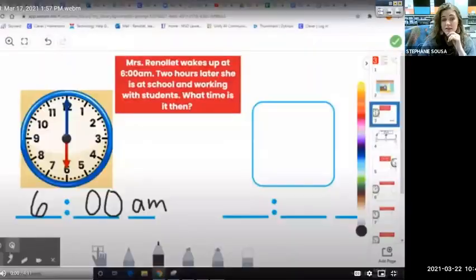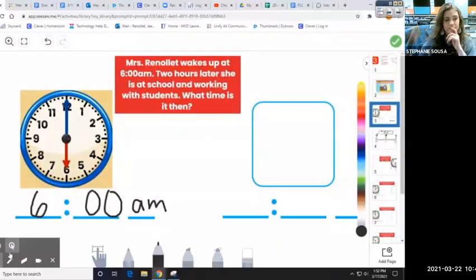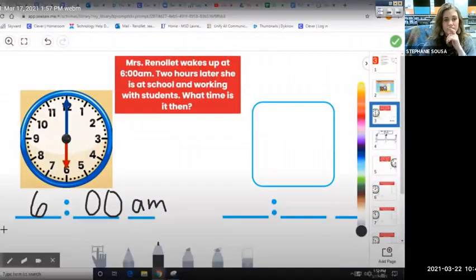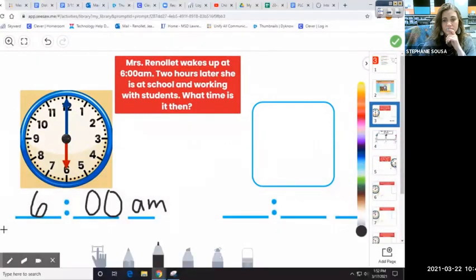This is an example that comes from Miss Renalé, a real life example of her schedule in getting ready for school. Take a look at how we're going to solve these problems, and these are the steps that we're going to follow together. Let's do an example together of a situation where time is passing or time is elapsing.